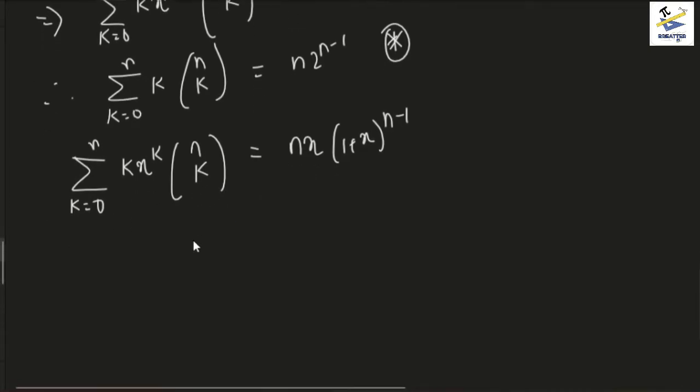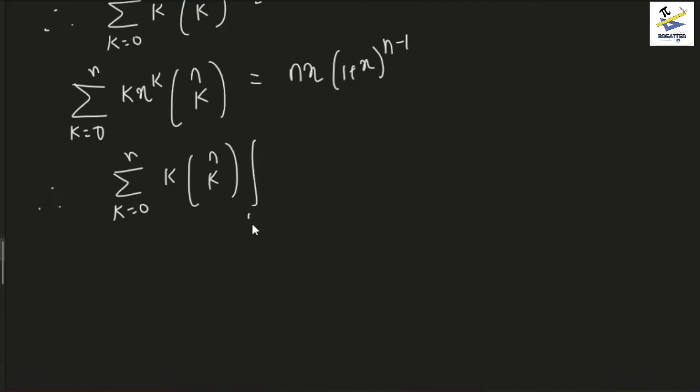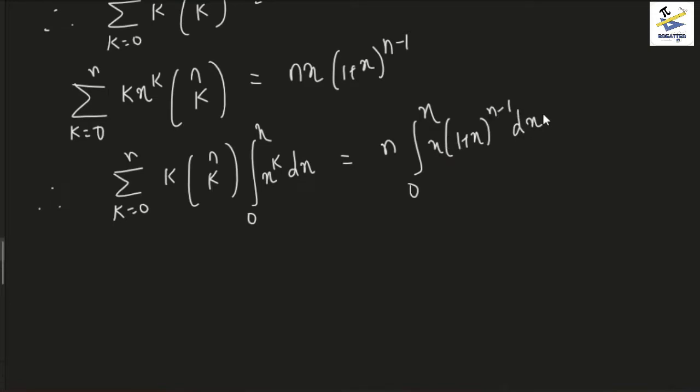Now let us say we find a very weird one. We rather do integration on it, and what we find is this: k into nCk, integral from 0 to x of x to the power k dx. And this one also becomes the integral from 0 to x of x into (1 + x) to the power n minus 1 dx, right?